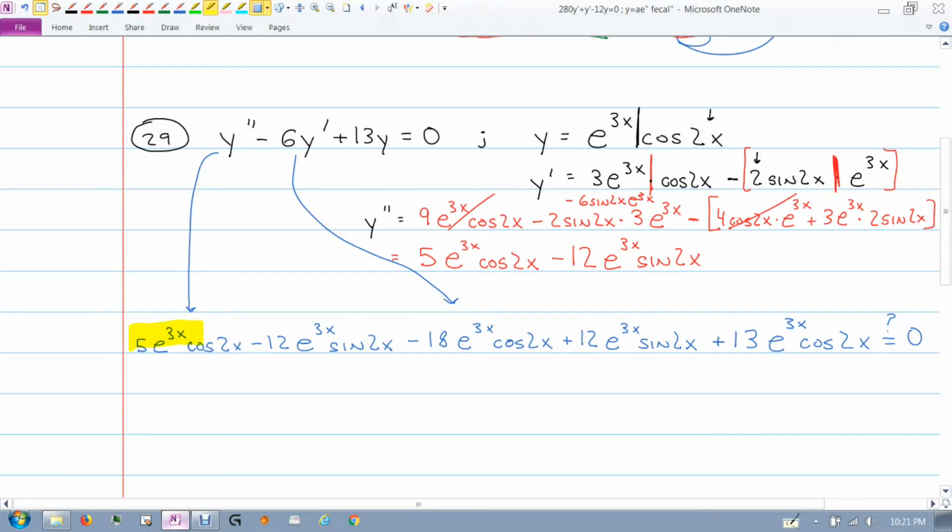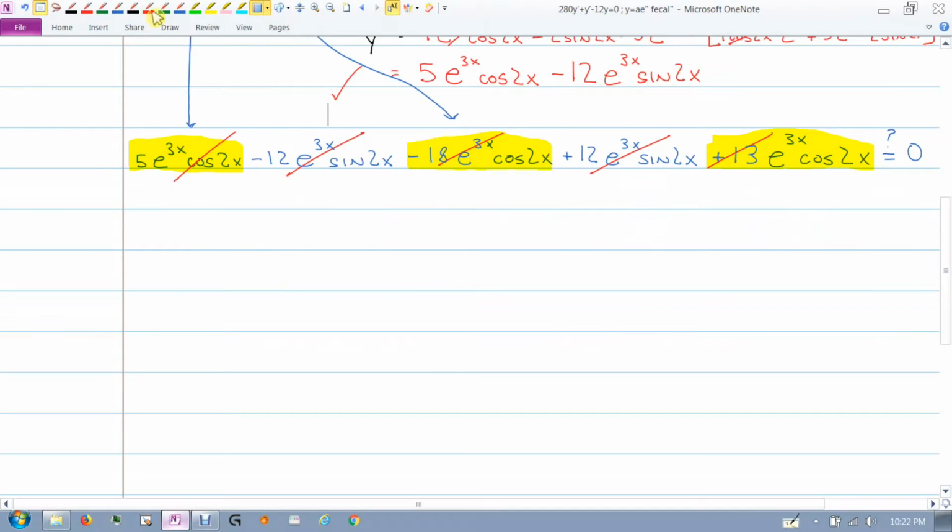This has e to the 3x cosine 2x, this has e to the 3x cosine 2x, and this has e to the 3x cosine 2x. Between these, I've got negative 13, then I have positive 13, so those are all gone. And of course, these are exact opposites, so they're gone. So yes, it is equal to 0. 30.